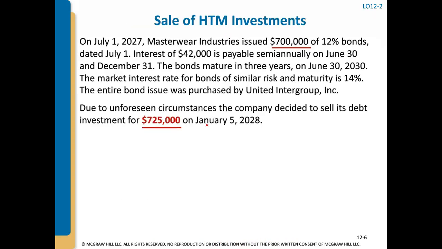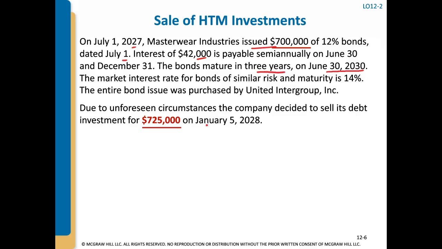So what happens when we sell a held to maturity investment? Let's go back to our example where Masterware Industries sold a $700,000 bond at 12% dated July 1, 2027. There's interest payments of $42,000 made twice a year, and the bonds mature in 3 years on June 30th, 2030.